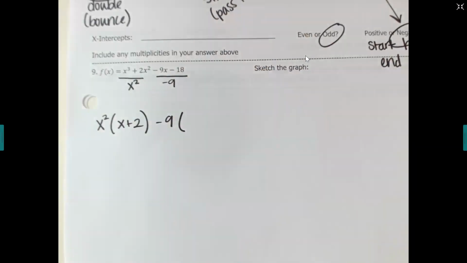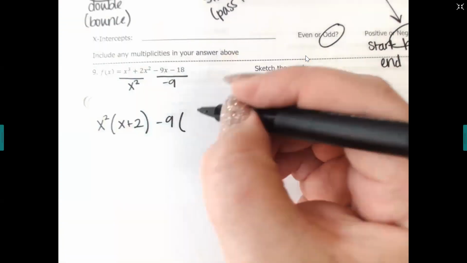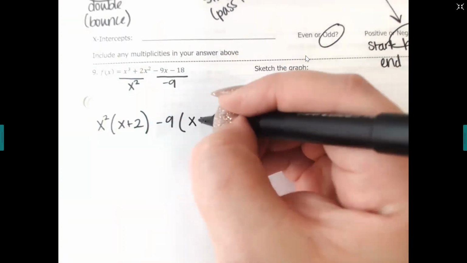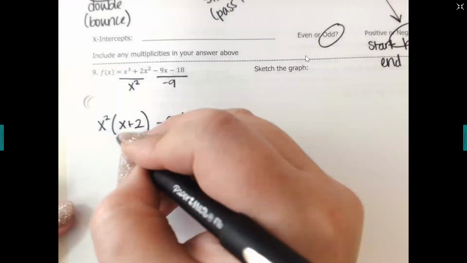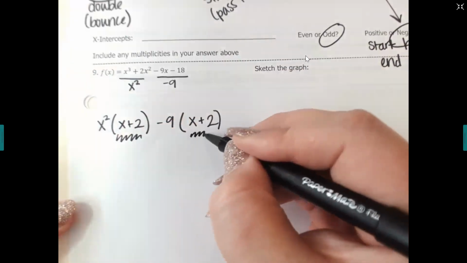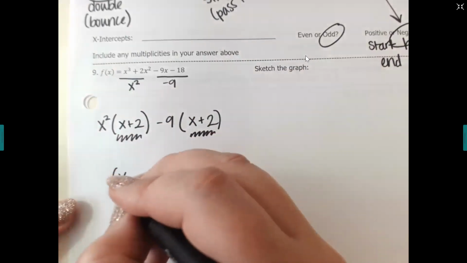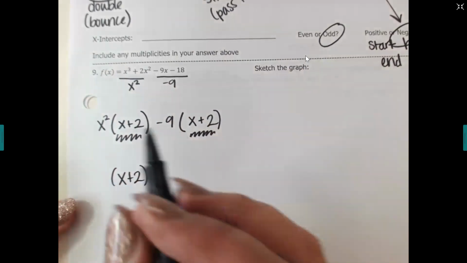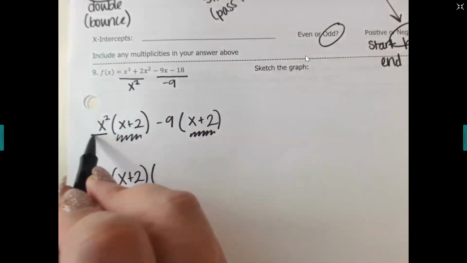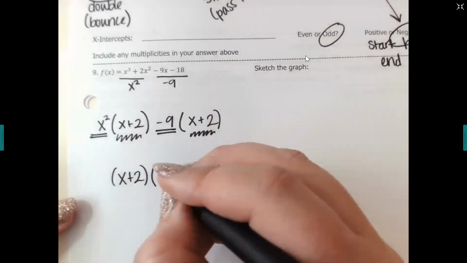What's left over? That'd be an x and a plus 2. And then my x plus 2's match. That's my first factor. And then what's my second factor? X squared minus 9. Very good.